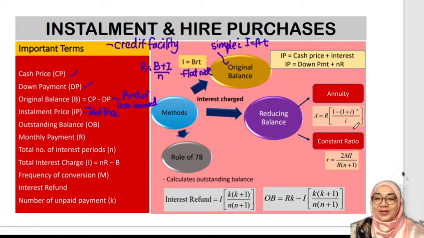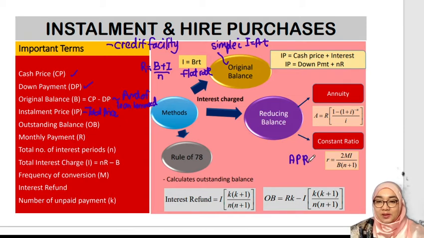So kalau annuity ni kita dah biasa tengok dalam chapter 4 macam mana annuity is calculated using the present value of annuity A. Okay, untuk loan kita guna A. And then untuk constant ratio kita akan guna R lah, annual percentage rate APR.